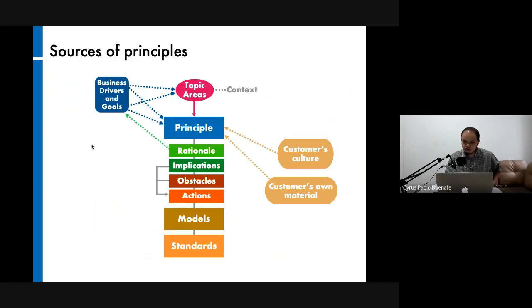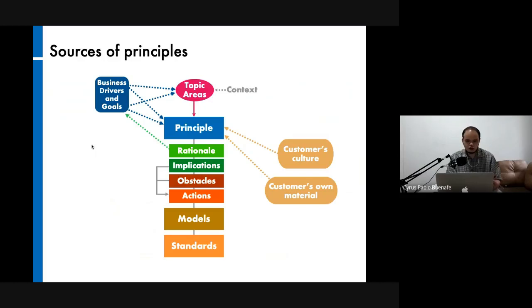And these two would actually help relate or explain better the drivers and the goals of the business. So they're not really disjointed, even if in this diagram they seem to be separate; actually they're both connected.